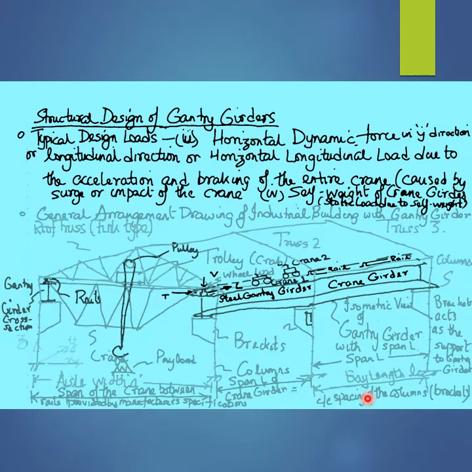Elaborating on the other details that are included in this general arrangement drawing of an industrial building provided with a gantry or a crane that is supported on a steel gantry girder or a steel crane girder, as depicted in this isometric view of the industrial building with the steel gantry girder or crane girder highlighted in black ink.